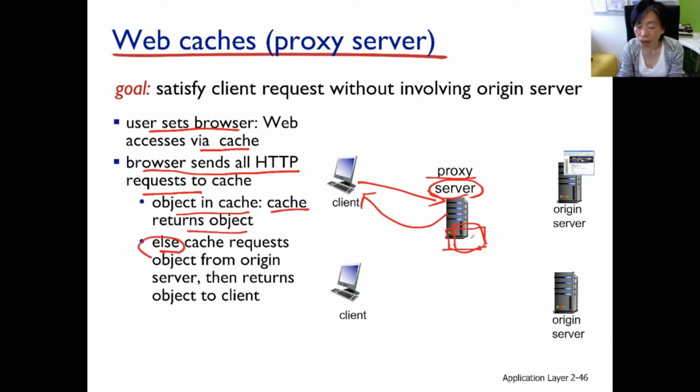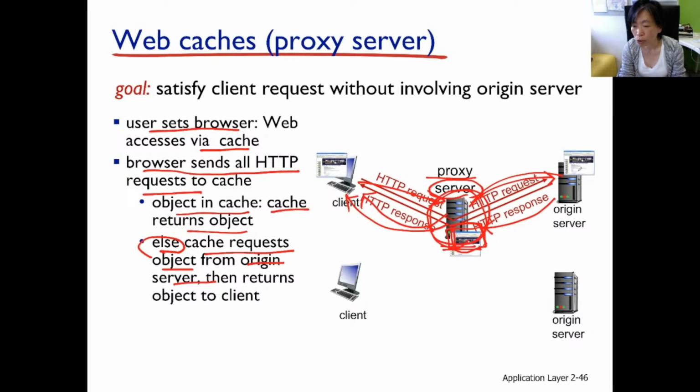Otherwise, the web cache here would request a copy of the object from the server. So the proxy server here behaves like a client of the original server. The web cache requests the object from the original server, like a client. After the object is downloaded here, the proxy server then sends the object back to the requester. So let me illustrate. If the object is not here, the request goes to the original server, the response comes back, we store a copy, and then forward it back to the client.